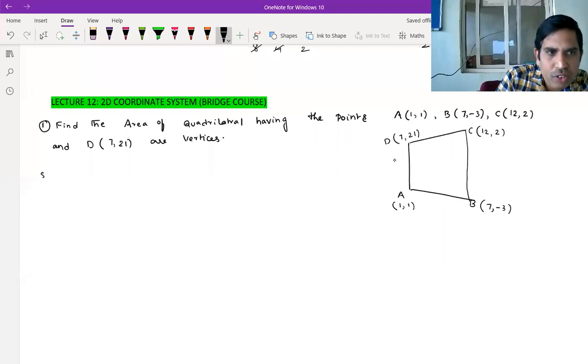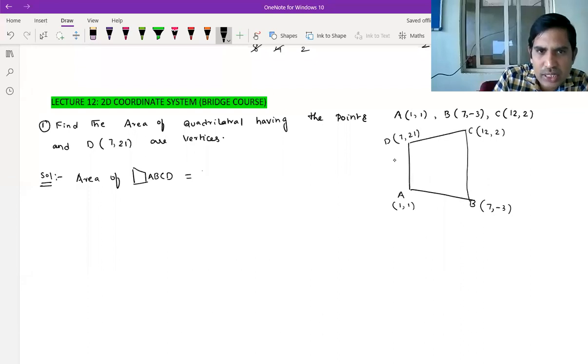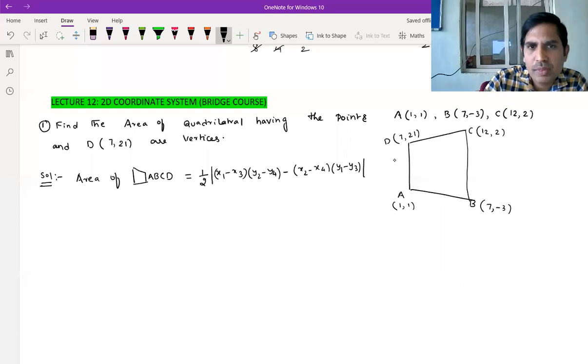So what is the area of quadrilateral ABCD formula? That is the symbol for quadrilateral, instead of writing the word. The formula is half modulus of (x1 minus x3) into (y2 minus y4) minus (x2 minus x4) into (y1 minus y3). So this is the formula for finding the area of a quadrilateral.